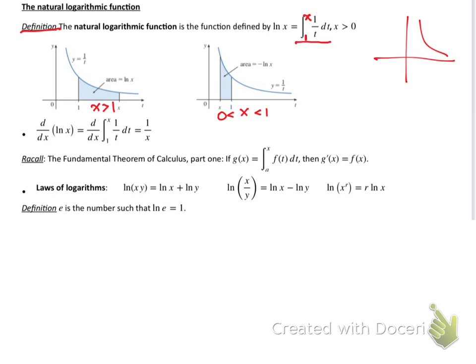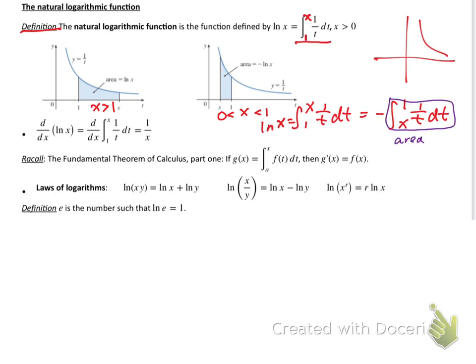So in this case, the integral from 1 to x of 1 over t dt will be negative the integral from x to 1 of 1 over t dt. And that is the area that we're looking at. So this is the ln x. The ln x actually is the negative of the area of the blue part that you see.